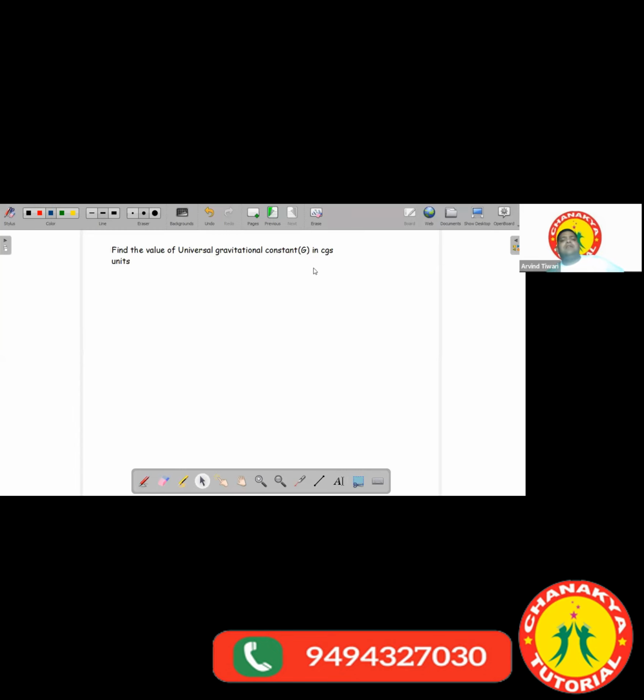Can I repeat it again? Here it's written on the screen. Universal gravitational constant capital G is equal to 6.7 multiplied by 10 to the power minus 11 Newton meter square kilogram minus 2.